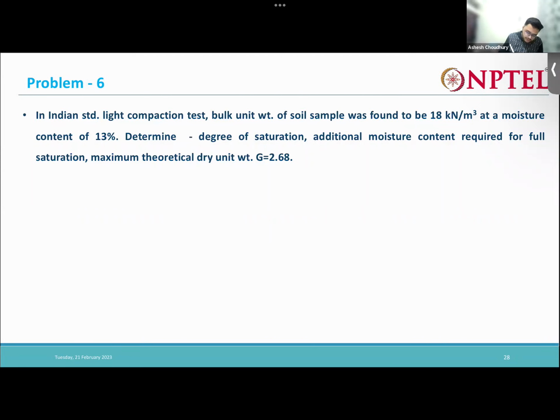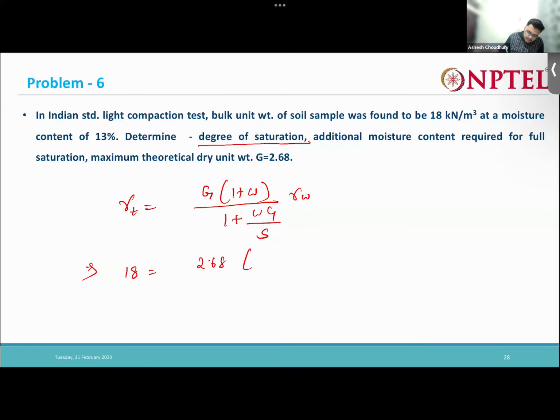First you need to find the degree of saturation. So the total unit weight is given by γ = G(1 + w)γw / (1 + wG/S). These are all our known relations. So total unit weight is given as 18, G is 2.68, w is 0.13, so 18 = (1 + 0.13) × 2.68 × 9.81 / (1 + 0.13 × 2.68/S).